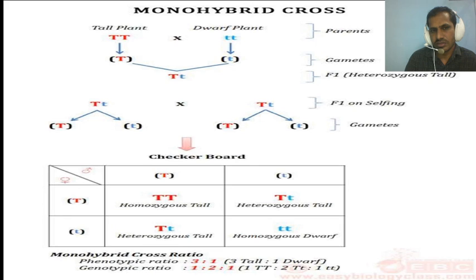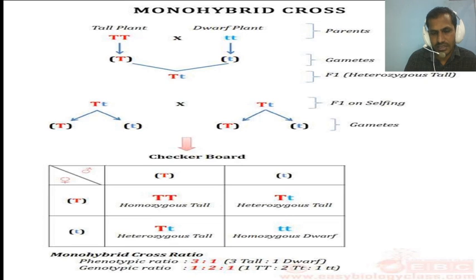The gametes are separated: capital T, and here small t. When the parents are crossed, we get in the F1 generation heterozygous tall. Previously the parents were homozygous and pure in nature.